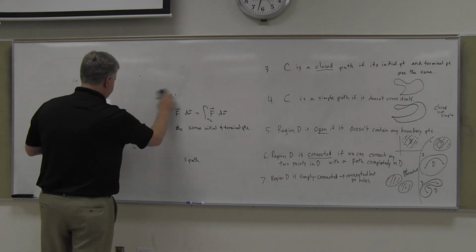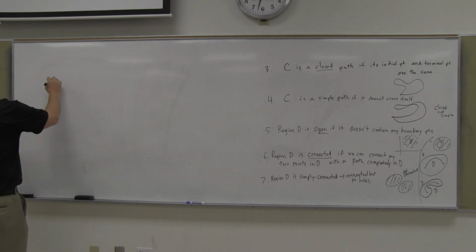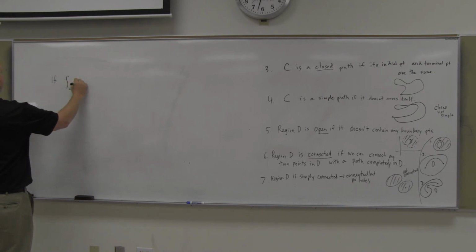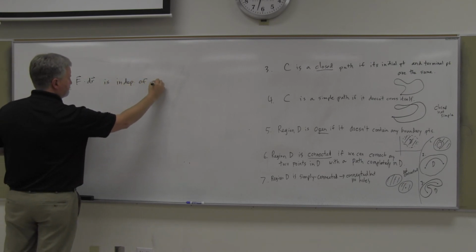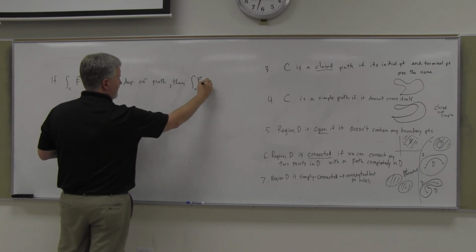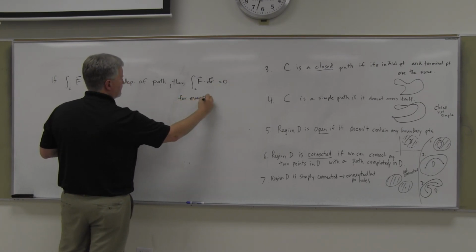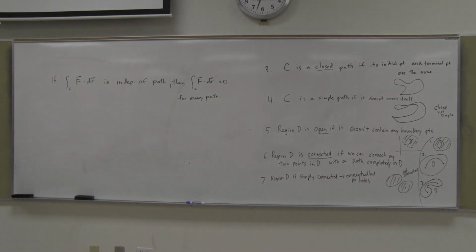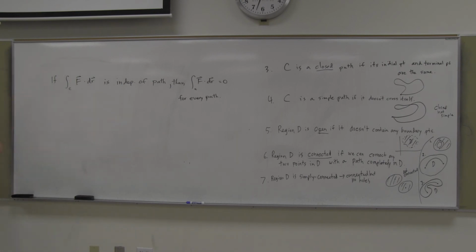Okay, and then a couple other little facts here. If the line integral of F dot dr is independent of path, then the line integral is equal to 0 for every closed path.